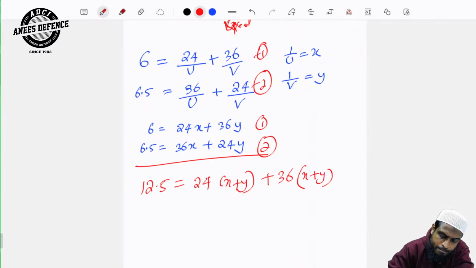That is also possible, but it may go a little lengthy.